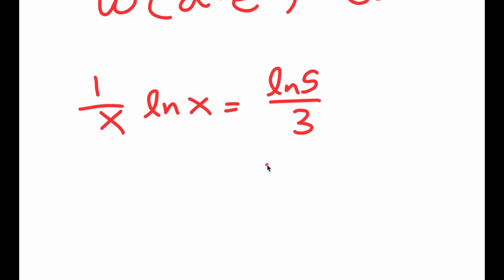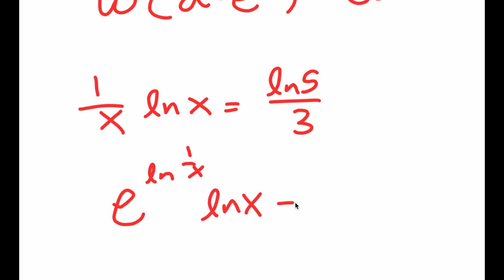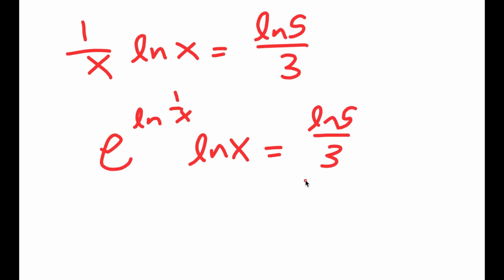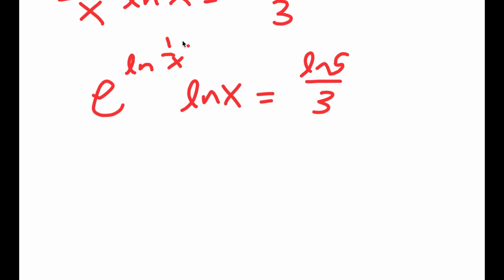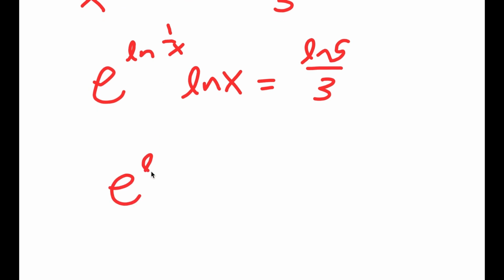And now, 1 over x here is the same thing as e to the power of ln of 1 over x. And now this 1 over x is the same thing as x to the power of negative 1.